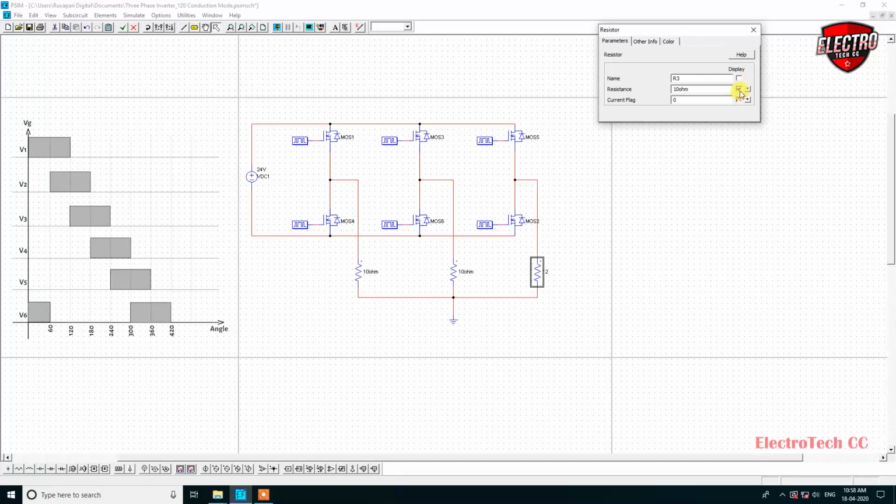Now let us give the firing angle to each gate triggering circuit as shown in the left hand side graph. First switch conducts for 0 to 120 degrees. We are working with 120 degree conduction mode in the first case. The second switch works for 60 degrees to 180 degrees. The third switch for 120 degrees to 240 degrees. The fourth switch for 180 degrees to 300.